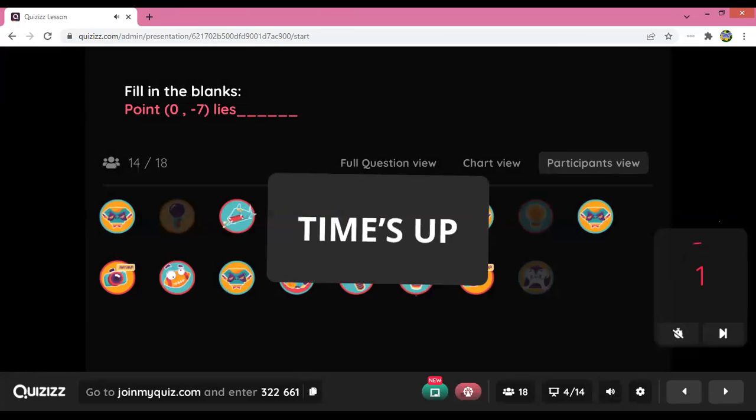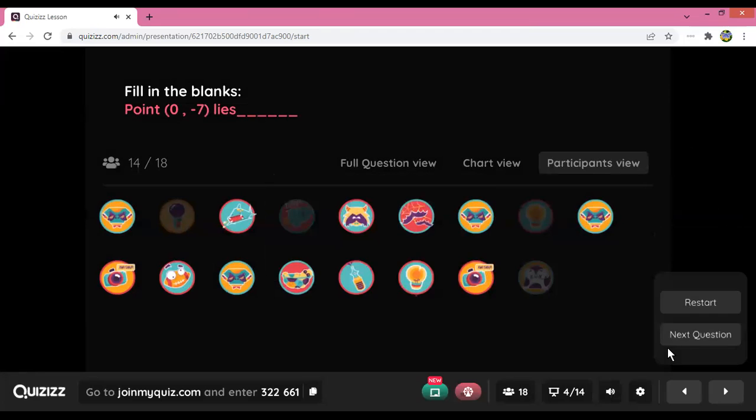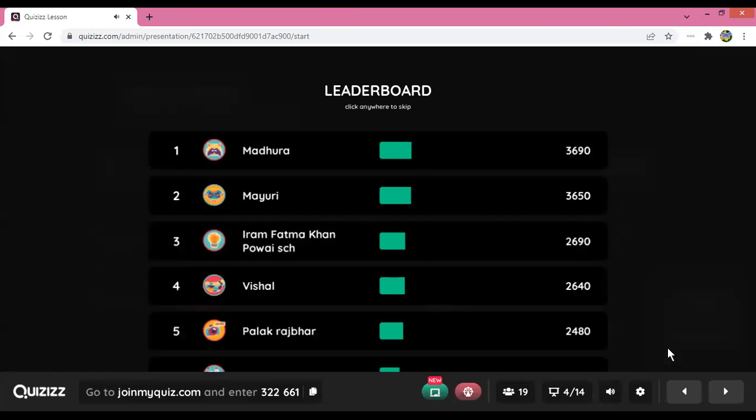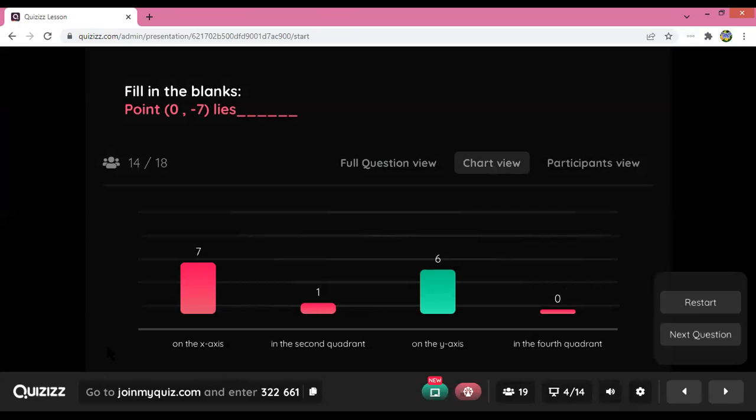Well done, 14 of you answered. Let's see how many of you got it correct. Many of you got it wrong. Just check, x is 0, y is -7. So forget about x. There is a y value, so it lies on the y-axis.